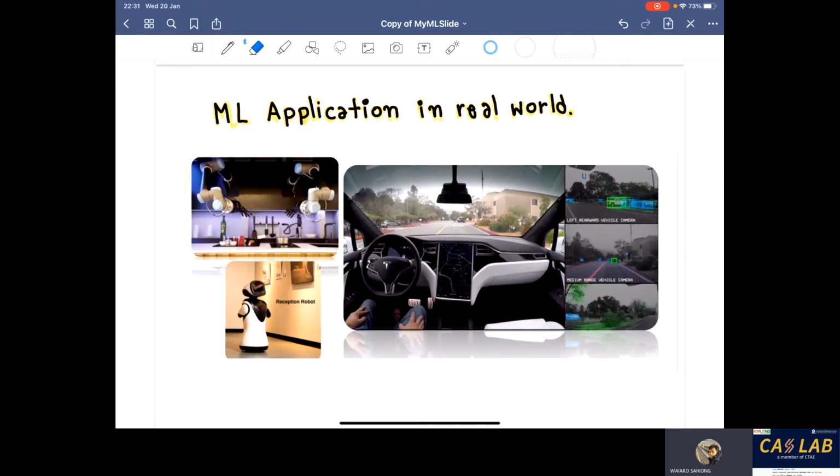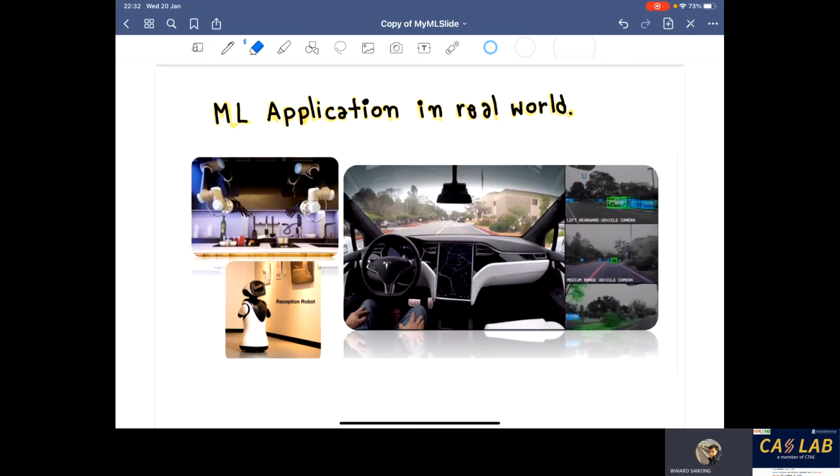So why is machine learning so popular and one of the most exciting technologies today? The figures show the various applications of machine learning all around you.